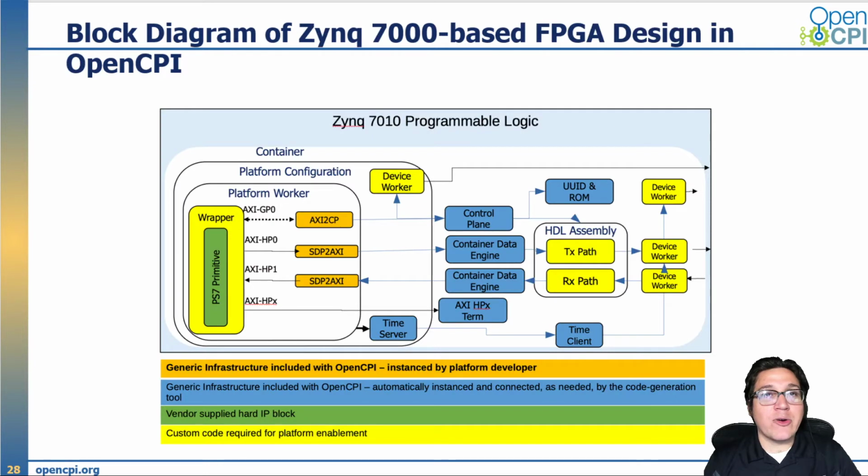This is a block diagram of the cores that are implemented inside the FPGA for a Zynq processor. And you can use these same steps to enable any Zynq FPGA based processor.